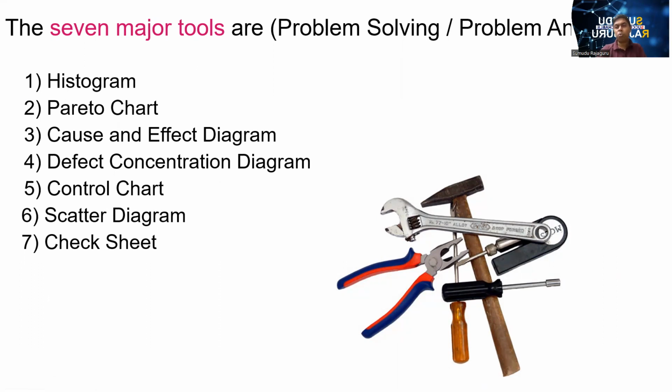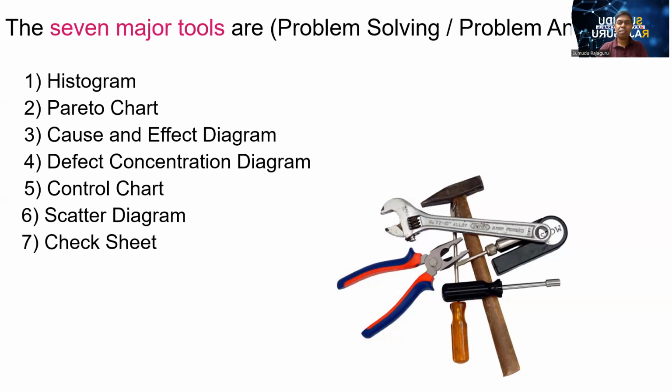So if we want to drive for the solution, first we have to analyze the problem. So we can use all these tools to analyze the problem, to find out the causes and understand the nature of the problem. That is also very important. So today my expectation is to introduce all these 7 tools.